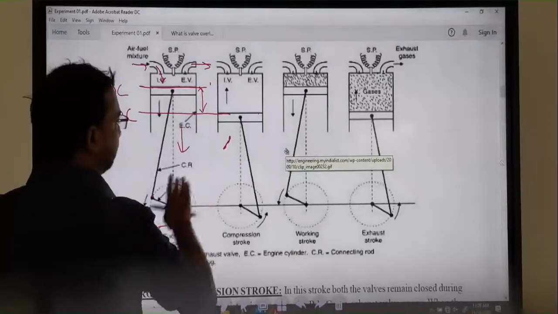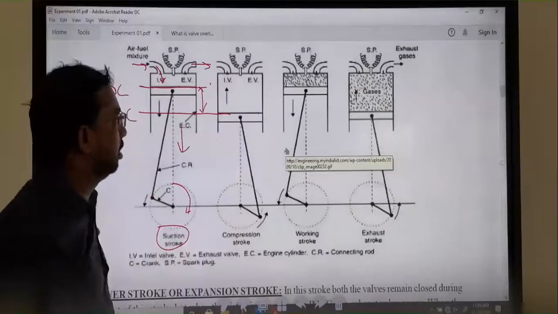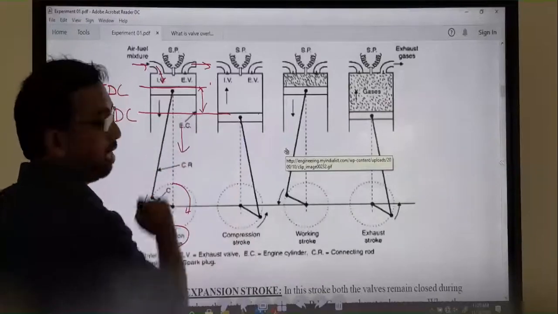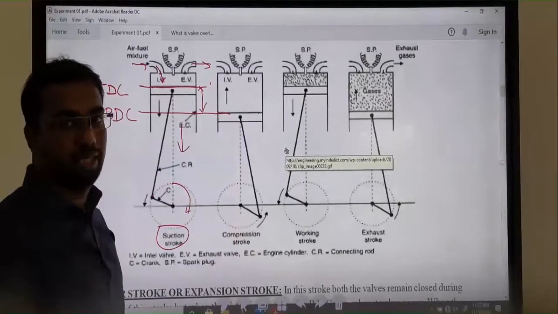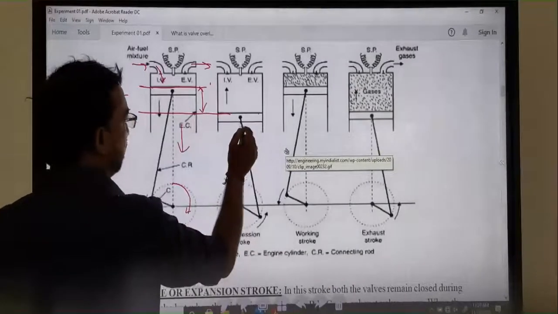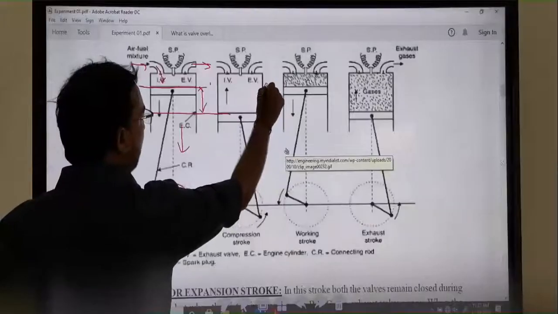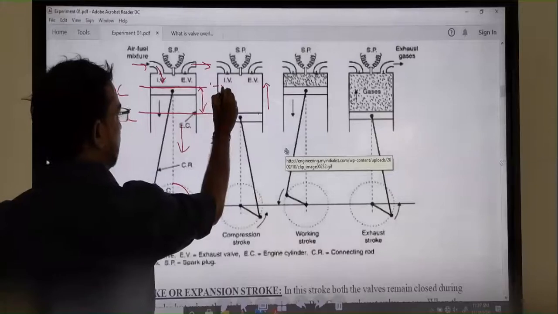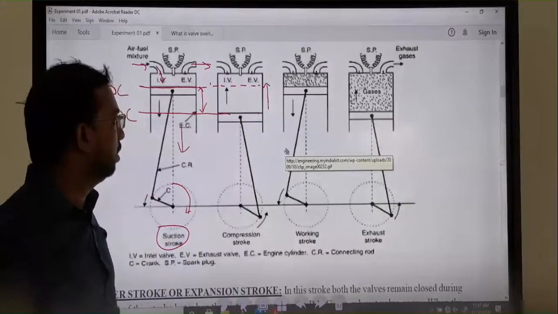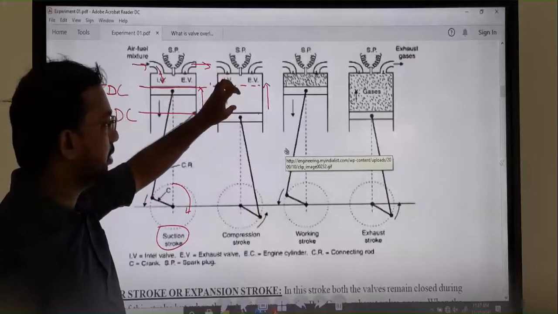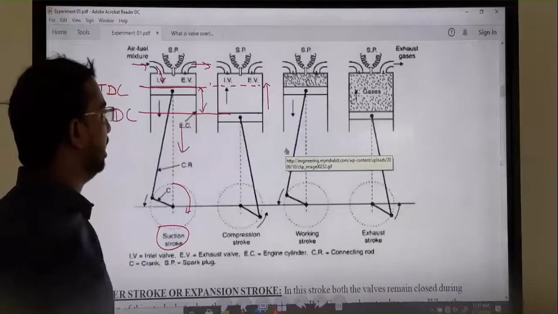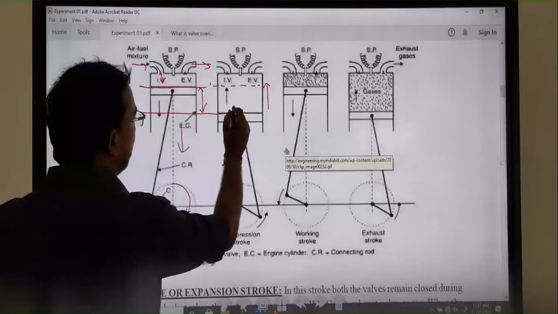The second one is the compression stroke. After the piston comes to BDC, it begins to move upwards until TDC. The air mixture is compressed by this piston movement.